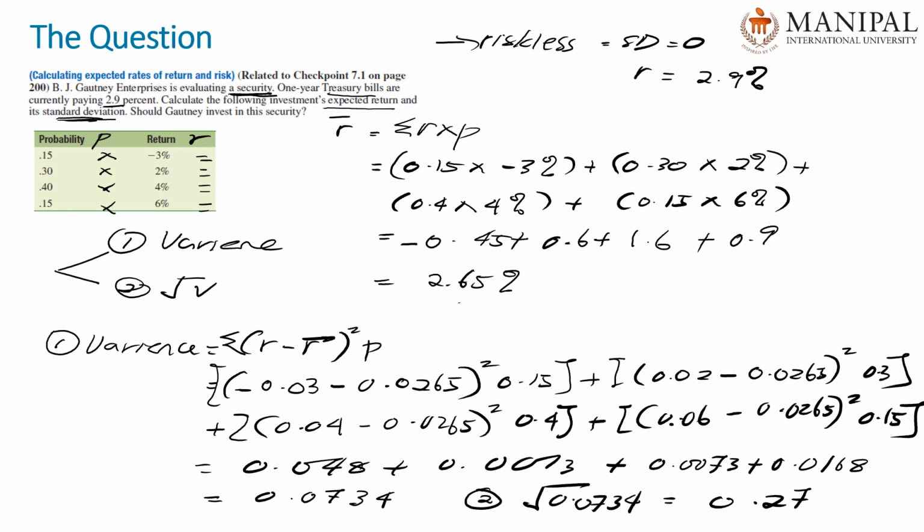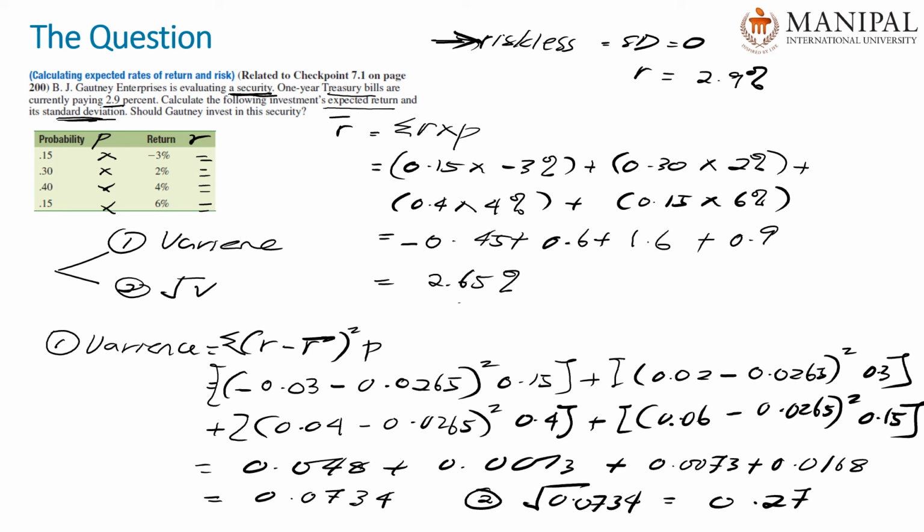Now you can compare with the treasury bill. The treasury bill standard deviation is 0. The standard deviation of this one is 0.27, which is slightly higher. And the return of a treasury bill is 2.9, compared with the return of this asset, which is 2.65. Now you can make a comparison.